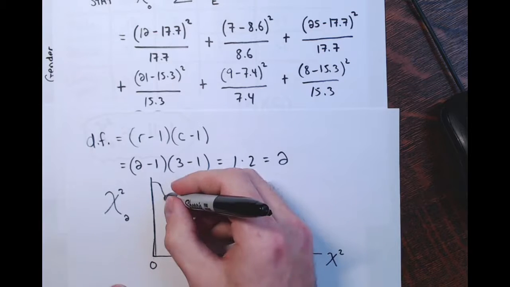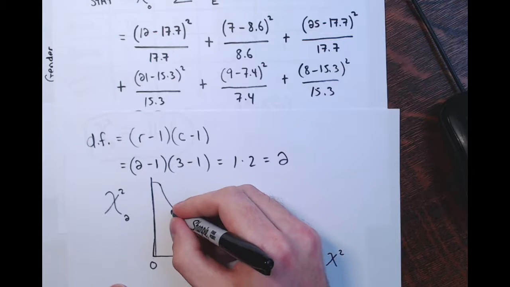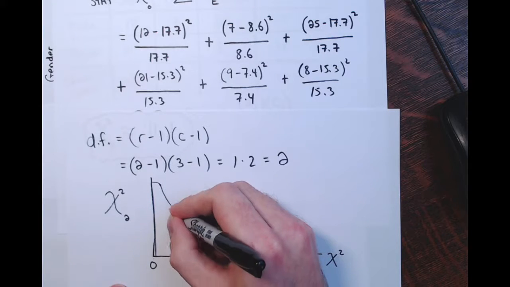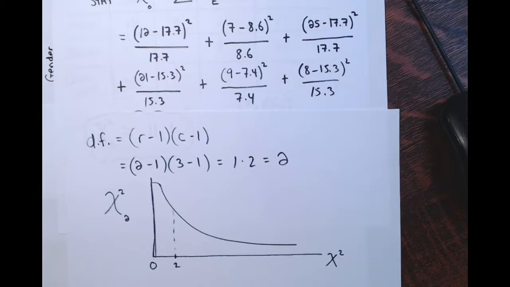And remember, the mean would be the number of degrees of freedom. The mean is 2, which is to the right of the peak, and the standard deviation would also be 2. Remember, it was the square root of 2 times the degrees of freedom, so here it would be the square root of 4.